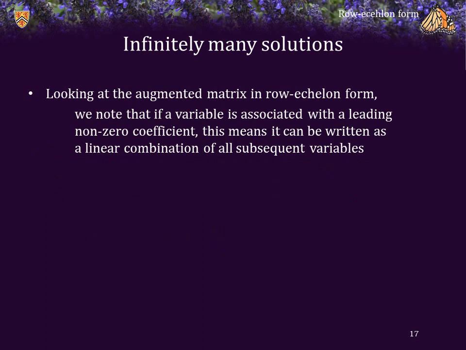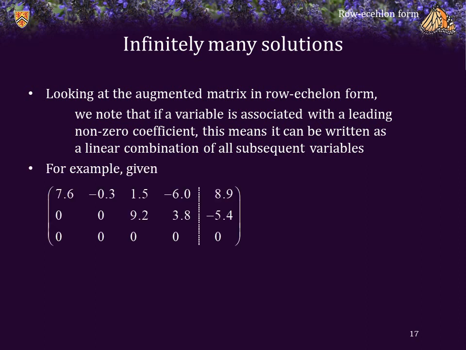Now, looking at the augmented matrix in row echelon form, we note that if a variable is associated with a leading non-zero coefficient, this means that that variable or unknown can be written as a linear combination of all subsequent unknowns. So for example, here we see an augmented matrix that is 3 by 5.